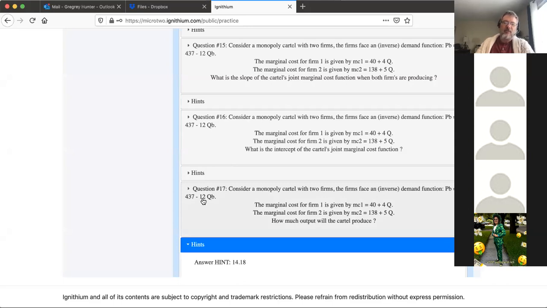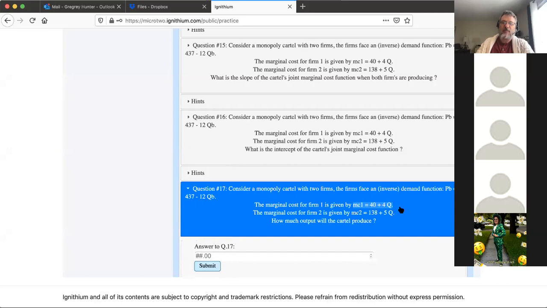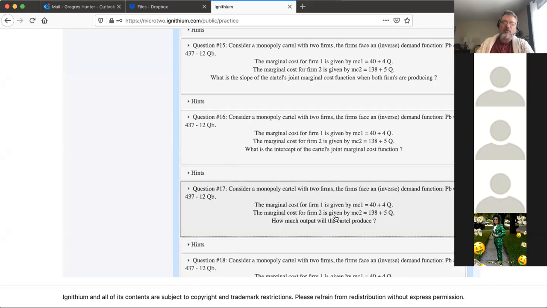So you compute that, and then find the Q that intersects with the low cost, which is the first marginal cost function. Then you can compute the joint marginal cost function just like I showed you, and you don't have to worry about the piecewise part. You just find where the joint intersects with the marginal revenue, and then compare the two quantities from those two different sets of solutions. Whichever one's bigger is going to be the answer. Okay? Thank you. Yeah, that was perfect.